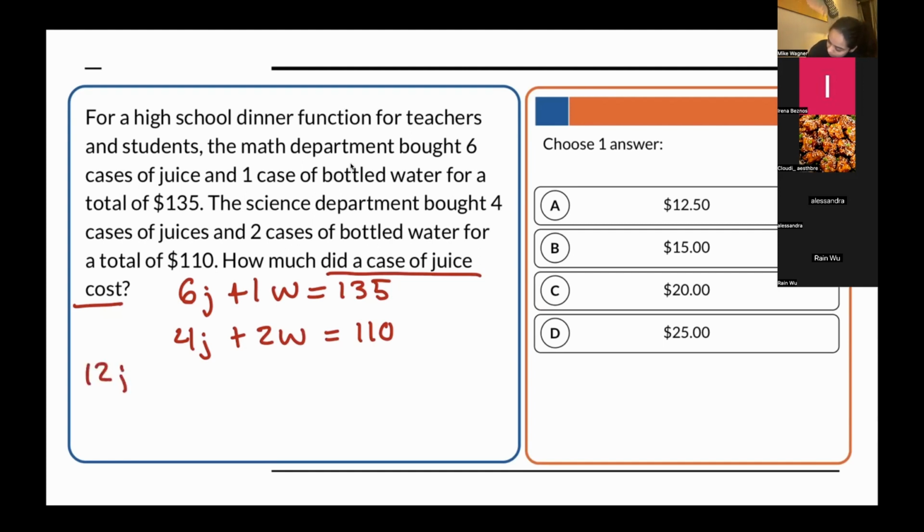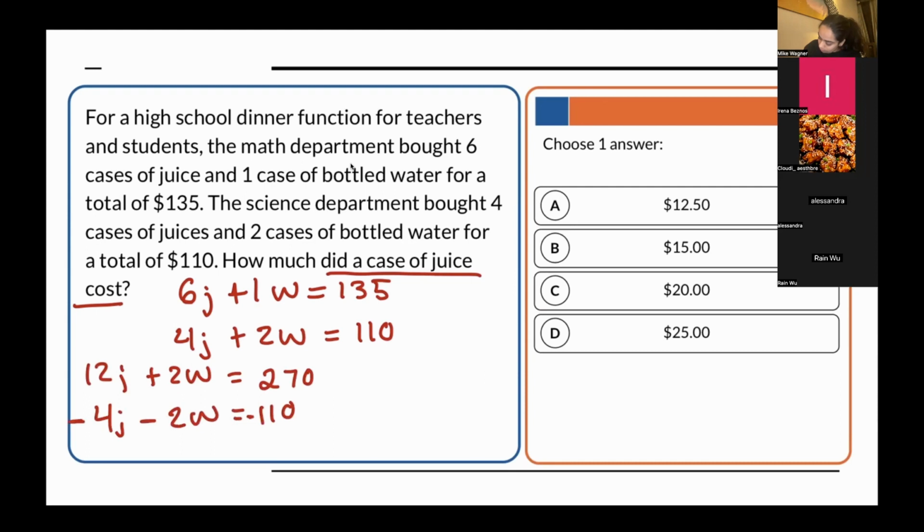And we get 12J plus 2W equals 270. 135 times 2 is 270. Then we have 4J plus 2W equals 110. Now what we're going to do is subtract the second equation from the first equation. So we can take out the signs and just do 12J minus 4J, 2W minus 2W, 270 minus 110.